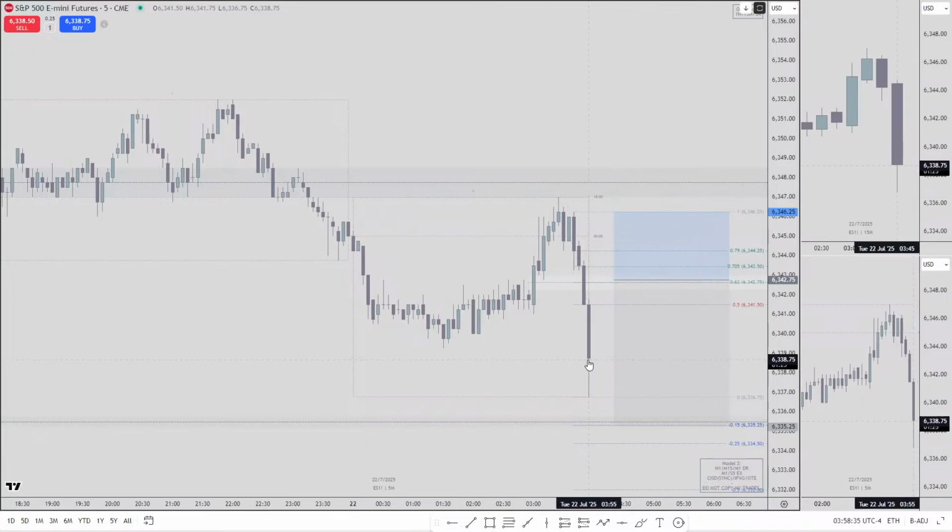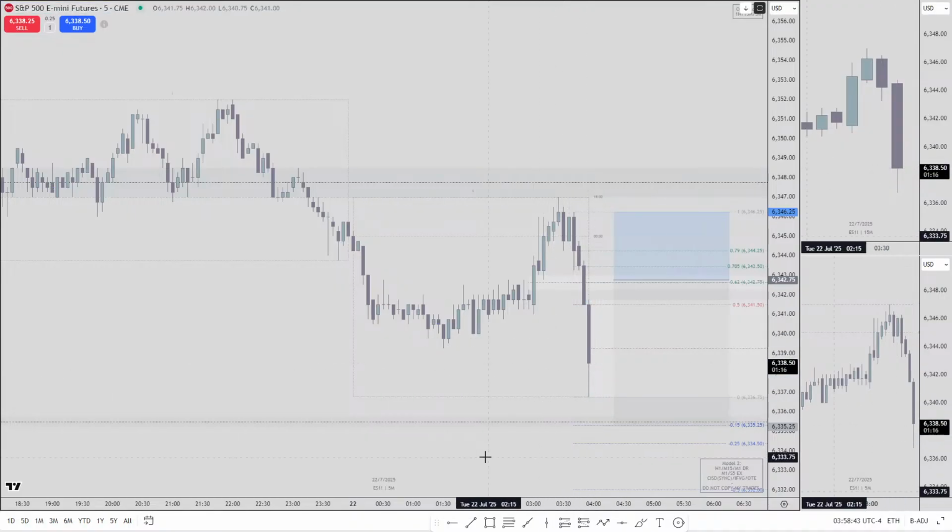If this wick can form at least half of this candle's body, then it might be possible for a retracement. But if not, then it's going to be pretty hard to ride onto this current trade setup.